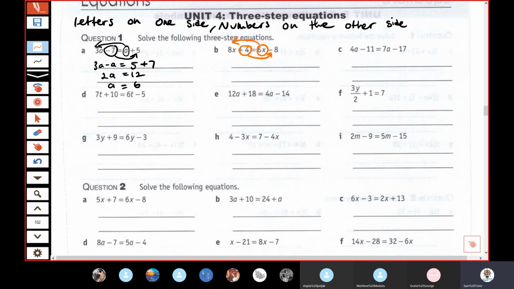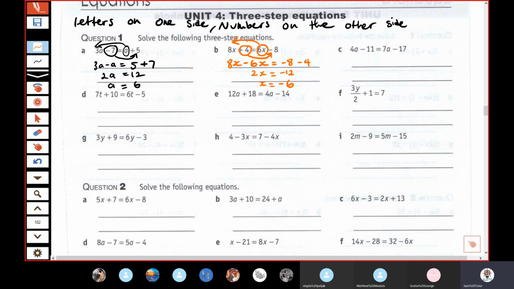Then you're left with 8x take away 6x equals, look what you have here, negative 8 take away 4, because you're bringing this to this side. Then you're left with 2x, 8 take away 6 is 2x, negative 12, and then last one, x is negative 6.